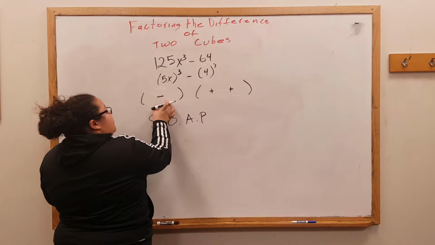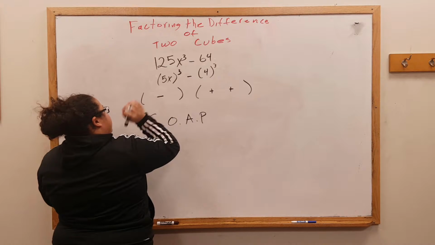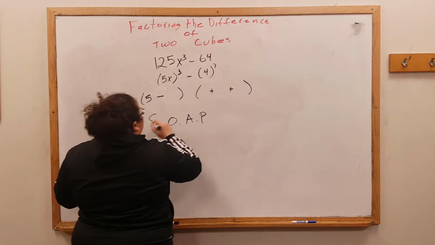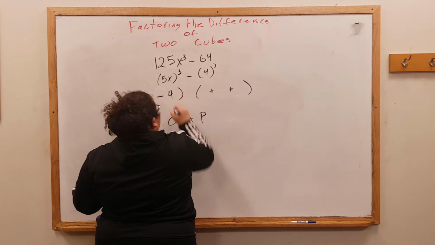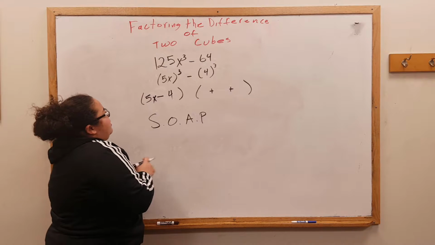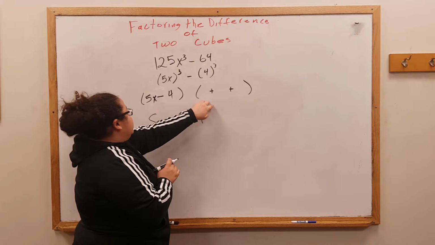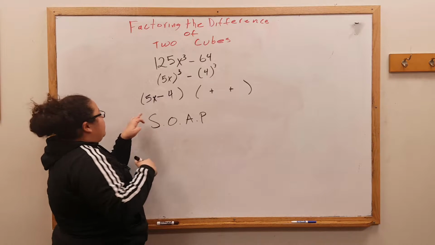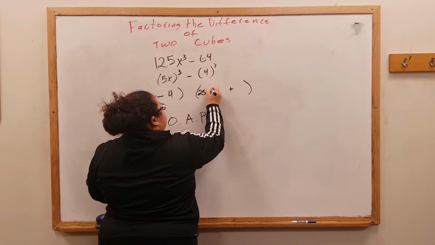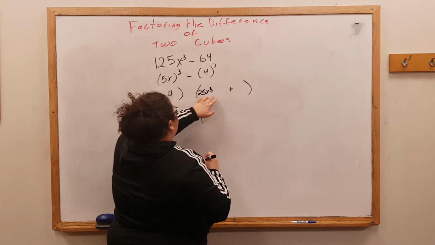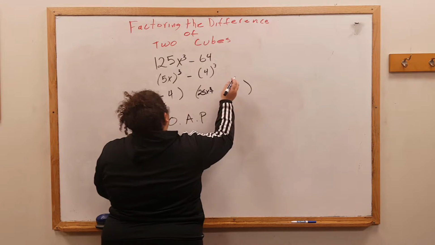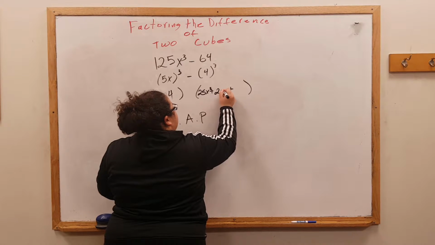Now, all you got to do for the first parenthesis is just take those numbers and stuff them in the parentheses. 5x, don't forget the x, like I did. And the next one, parentheses, all you got to do is square them. 5x squared, which is going to be 25x squared, plus 5x times 4, which is 20x.